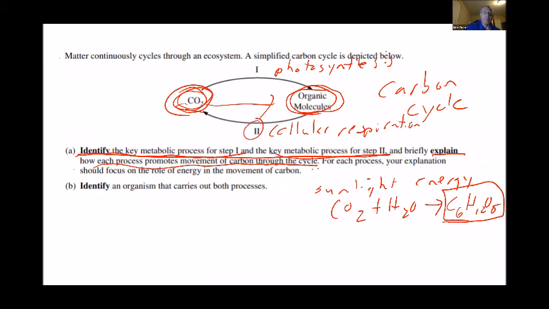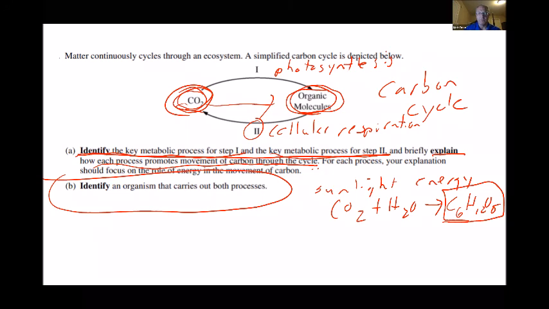And then finally, for B, identify an organism that carries out both processes. Somebody help me out. What's an answer for B? A flower. Yeah.